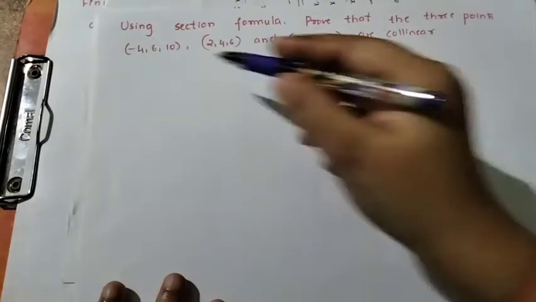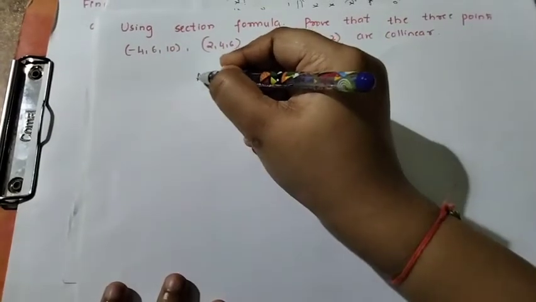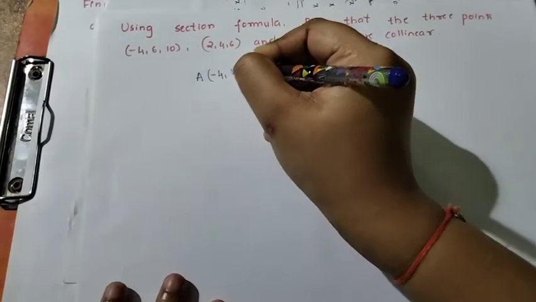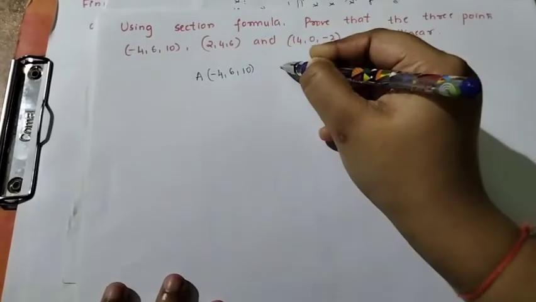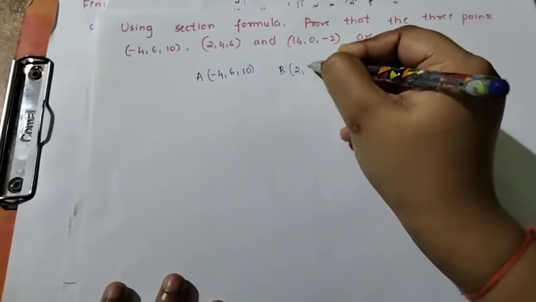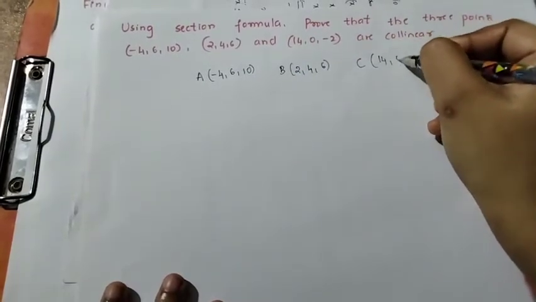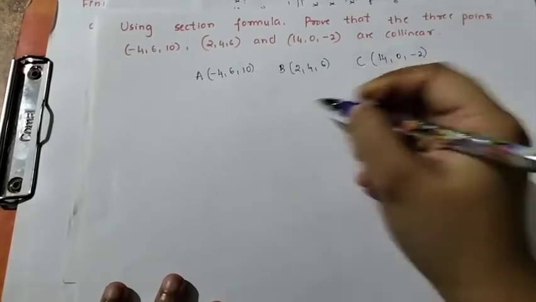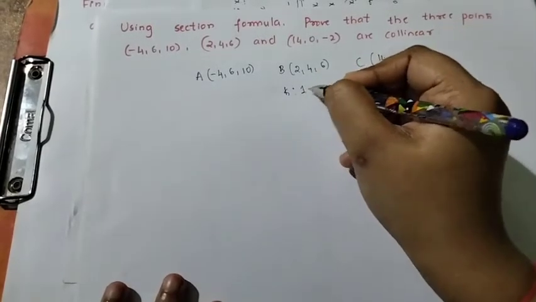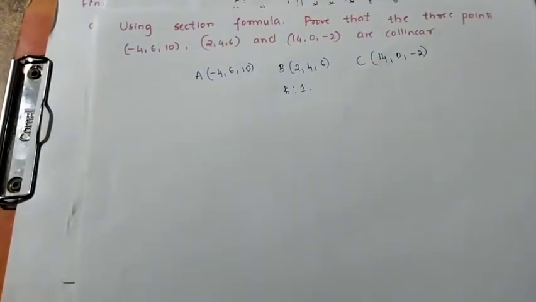So here I take A, B, C as 3 points. A point is minus 4, 6, 10. B point is 2, 4 and 6. C point is 14, 0, minus 2. Okay, let it divide in the ratio k is to 1. Because I don't know the ratio, I have taken it as k is to 1.